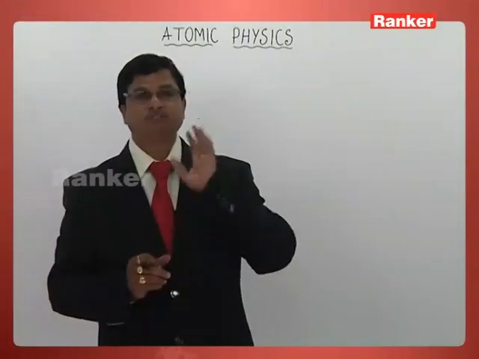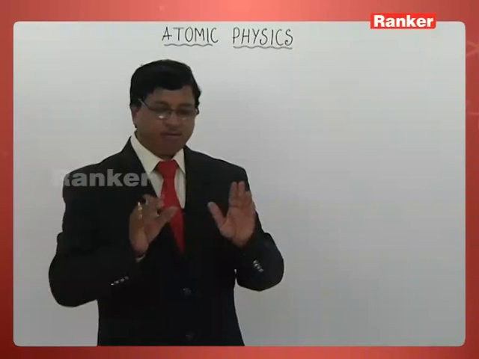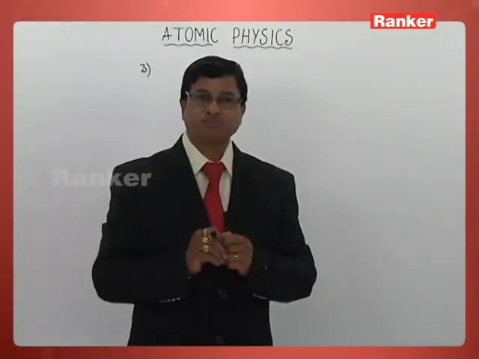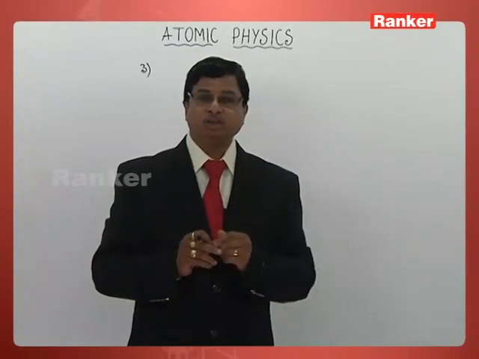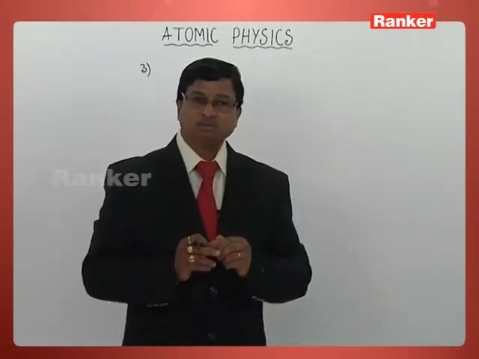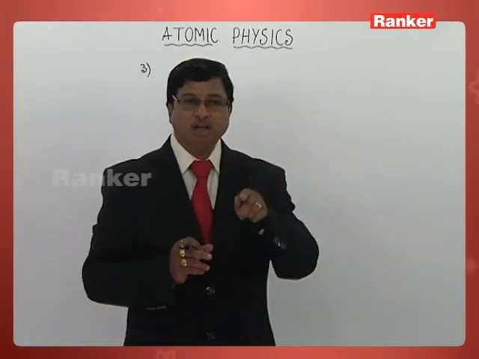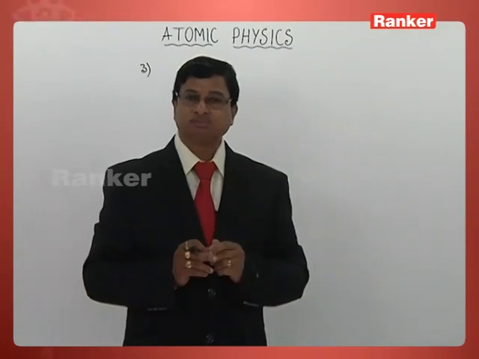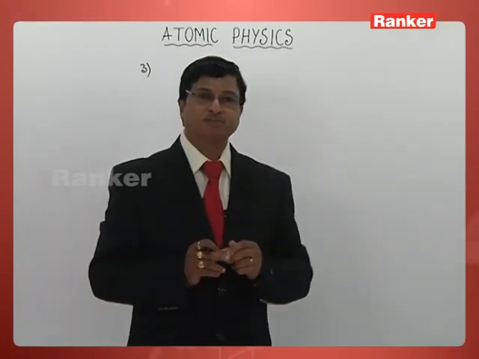So this is the question. Firstly, what is the point on which we have to focus? The particle of some mass and charge stands still between the two horizontal parallel plates, separated by a certain distance.